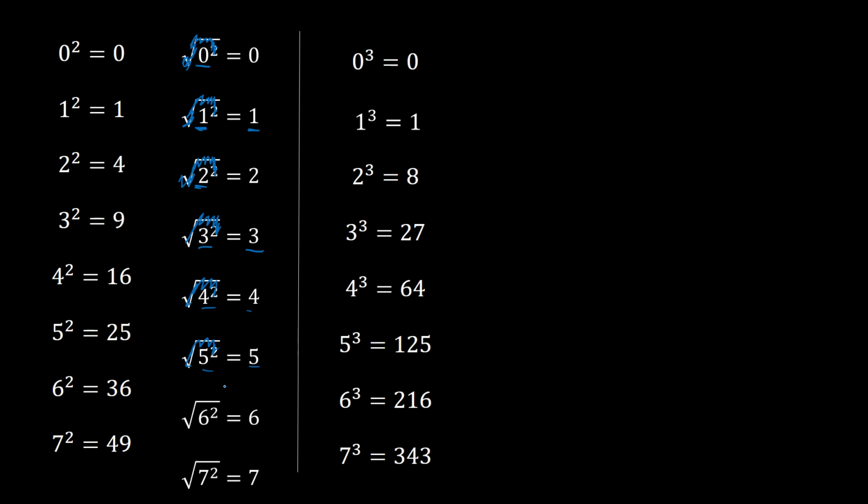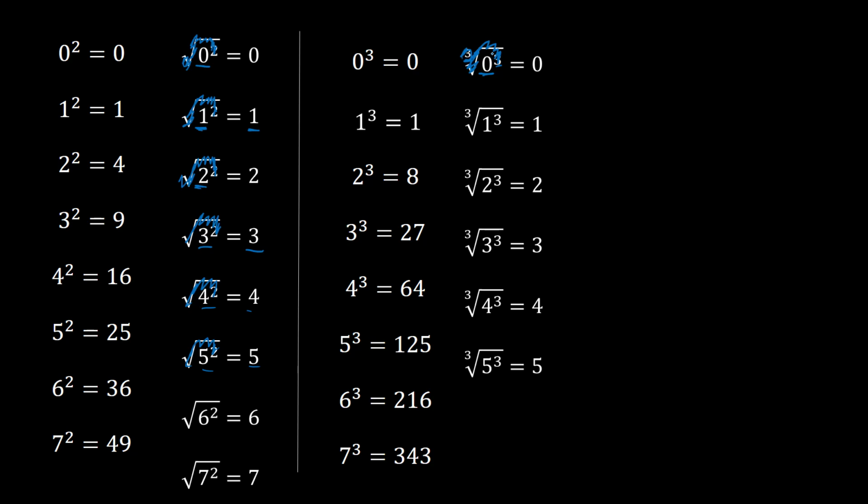And that also works with cubes, where if I use the same set of numbers that I had before, and I take the cube root of something cubed, cubing and cube rooting are the inverse operations. So if you see a 3 right there and a 3 right here, you can cancel those out, and my solution would be right there, the 0. Same for any of these in this example.